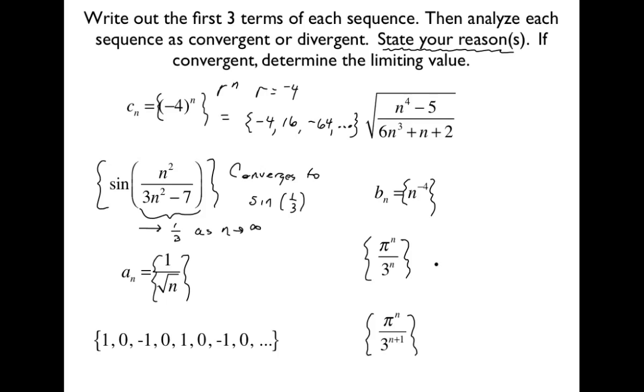Where is Ben? You're up. How about this one? Did you get it? Oh, 1 over square root of n. I said it's 0. Okay. If you look at the square root function, it kind of looks like it's leveling off, but it does go to infinity as x goes to infinity. So your argument is that square root of n gets large, or you can say it's 1 over n to the 1/2.